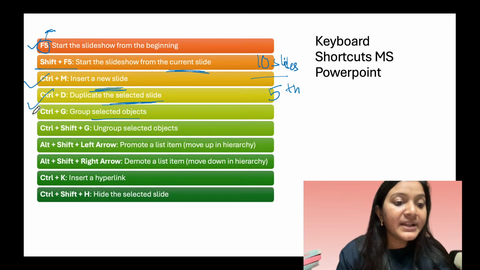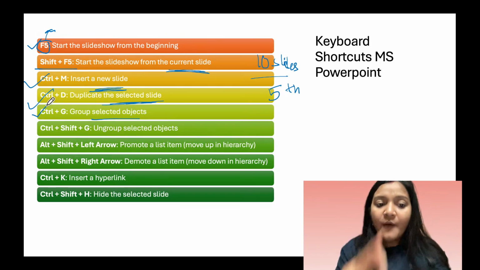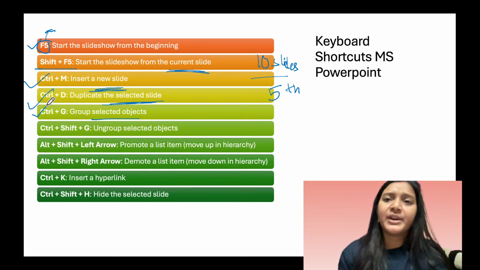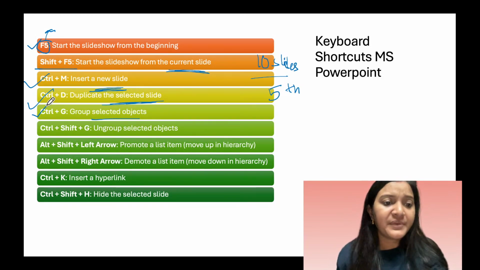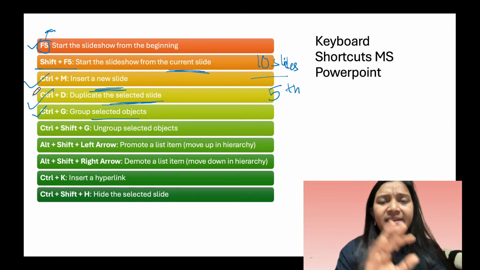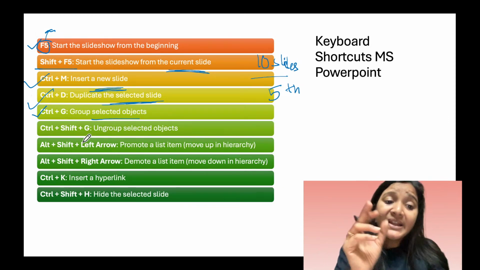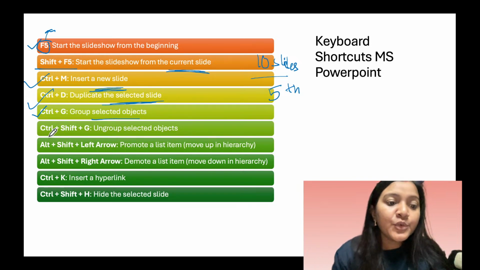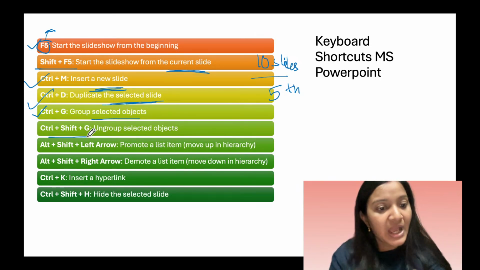So that is Control plus G. It is a shortcut in many Windows applications. If you are working in Photoshop or any other software, Control plus G is used in many of them. And ungroup: like you have grouped, now you want to ungroup it. So do Control Shift plus G, ungrouped.